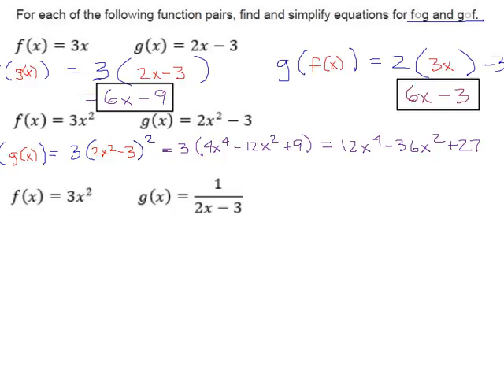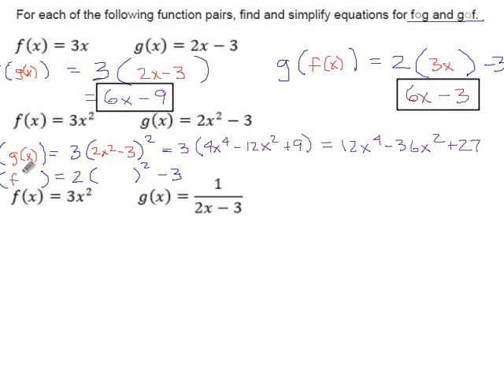If we go the other way around, now it's g of f of x. G of x is 2x squared. I don't want to say x, though. I need to leave some room so I can put in the other functions. So it's 2 times blank squared minus 3. And what goes there?